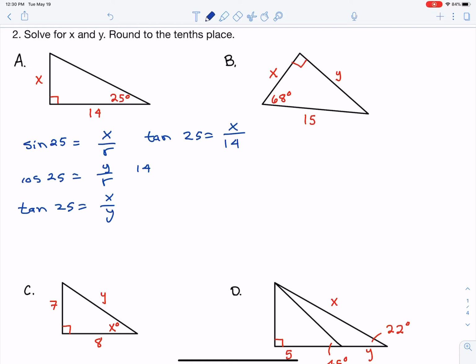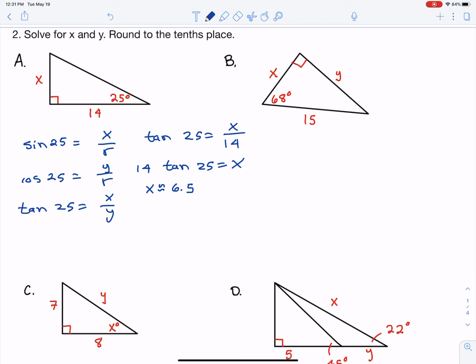So 14 times tangent of 25 equals x, and then we can solve for that. So I'm going to plug that into my calculator because I have no idea what that could possibly be. And I get x is approximately equal to, it said to the nearest tenth, 6.5, whatever our units are. Okay, let's keep on going.